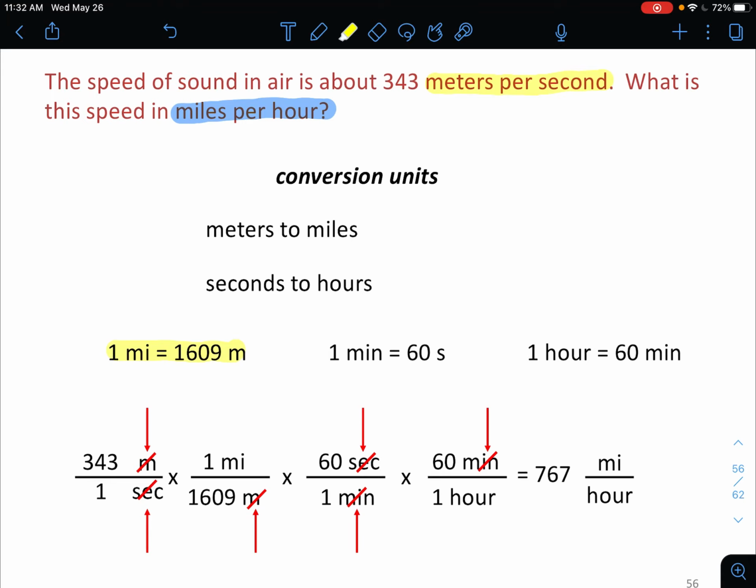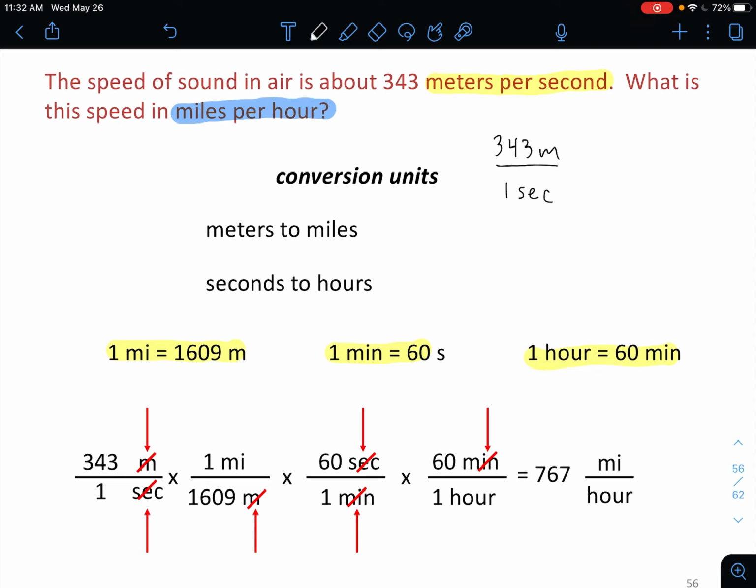So we want to independently change meters to miles and also change seconds to hours. So we have all the conversion factors we need, but now we've got a compound unit, right? So when I think about the initial value, it's 343 meters per 1 second.